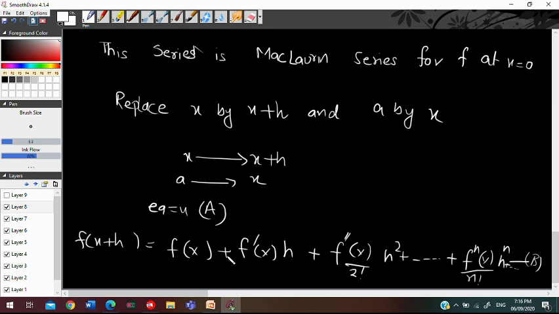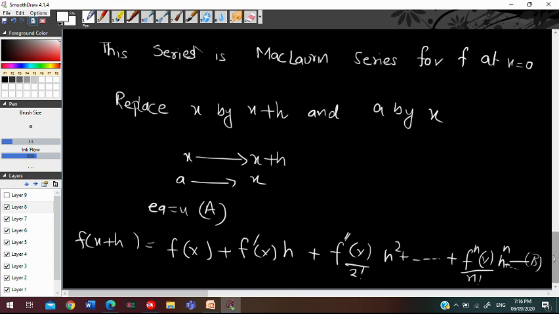Here you can see that this series is an infinite series, and the power of h increases term by term. Here we have h naught, h1, h square up to h to the power n, and so on.